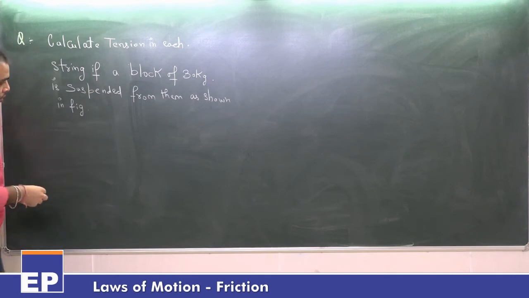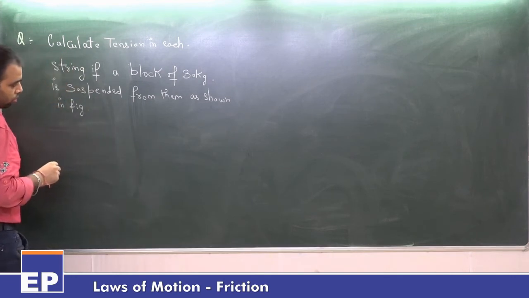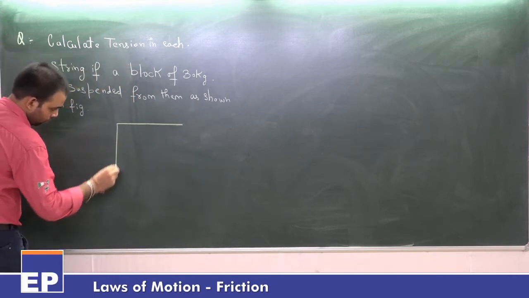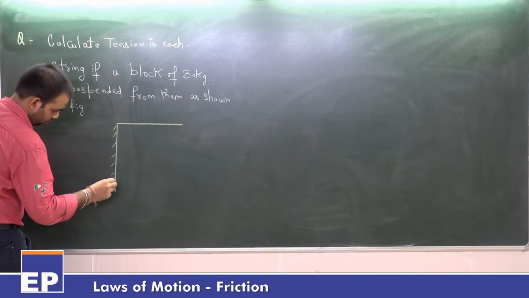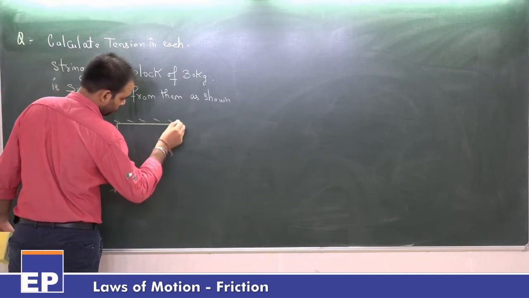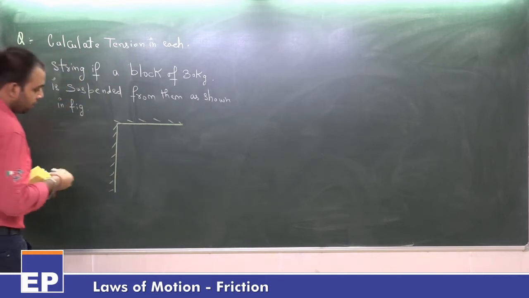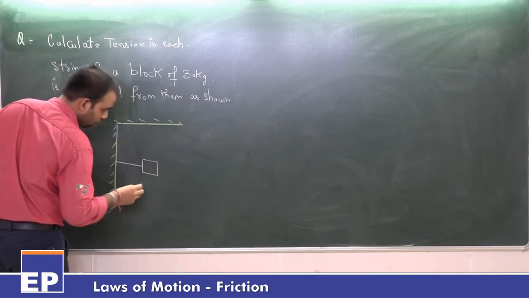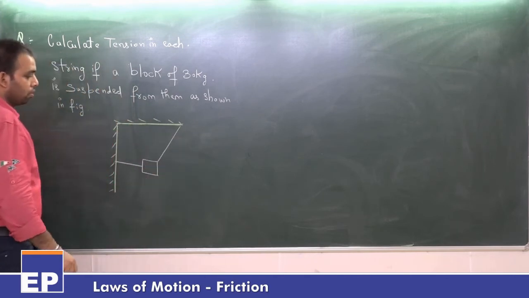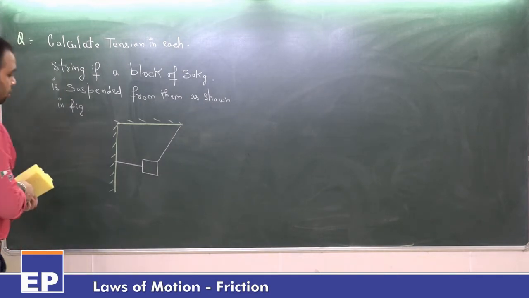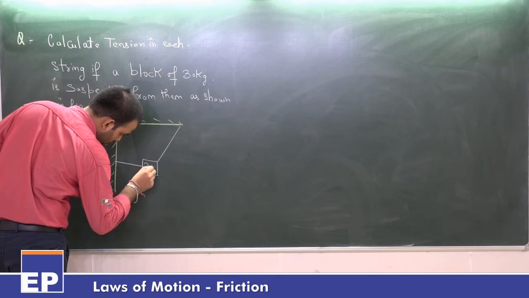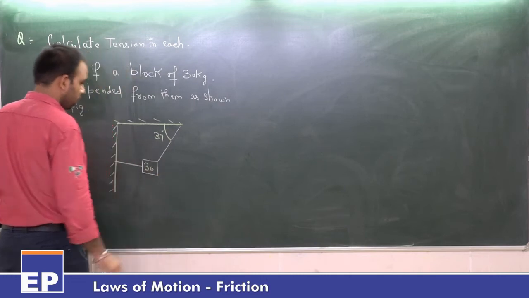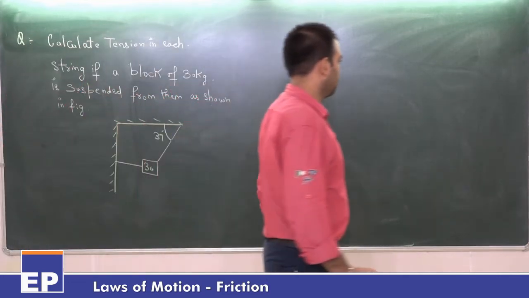So this is the case. A block of 30 kg is suspended from it. This angle is 37. We have to calculate tension in each string.